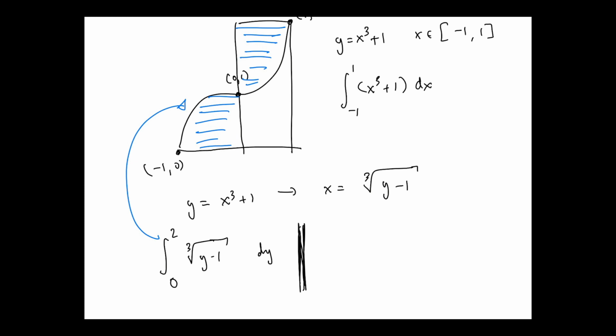Okay, so let's go back to first principles and really think about how I sliced this thing up. Let me draw it in red so it's easier to see. What is my slice? Well, what's the height of the slice? Some tiny bit, right? And that's the thing that's going to become dy in my integral. But what's the width of the slice? Is it just the cube root of y minus 1?